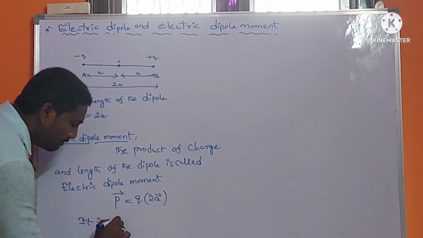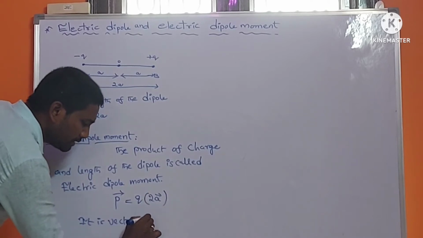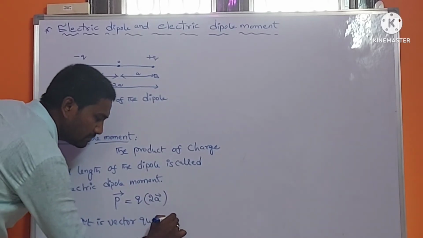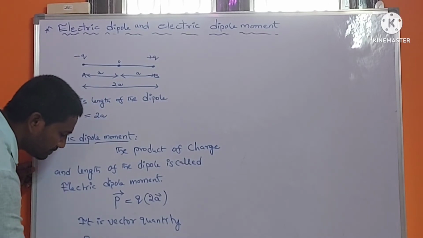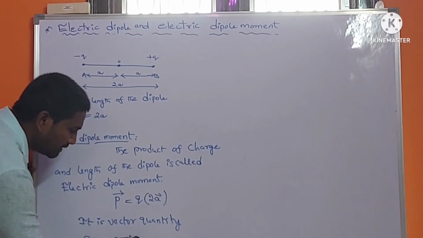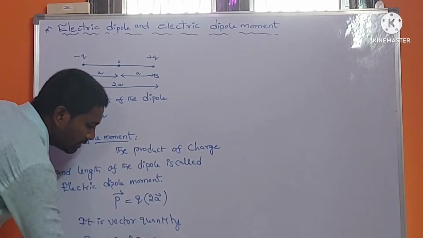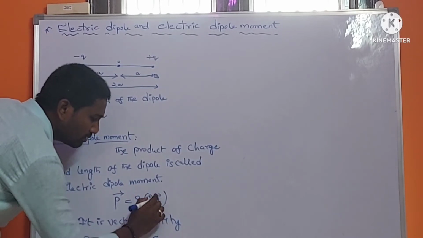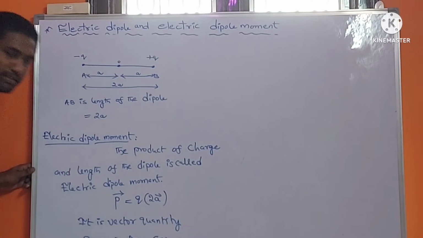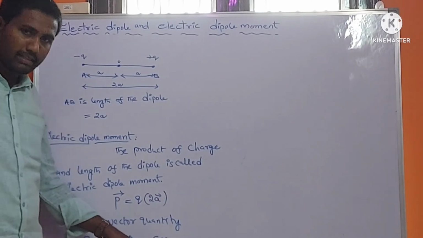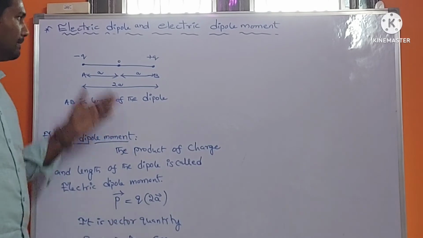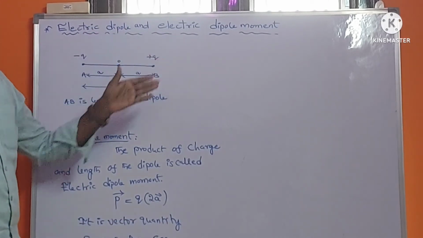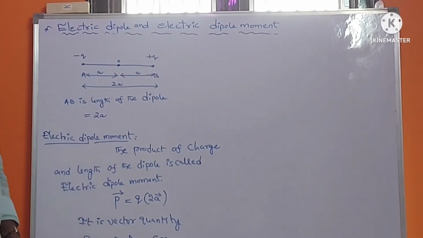The SI unit is charge in coulombs times length in meters, not centimeters. That is the coulomb meter. This is the electric dipole and electric dipole moment.